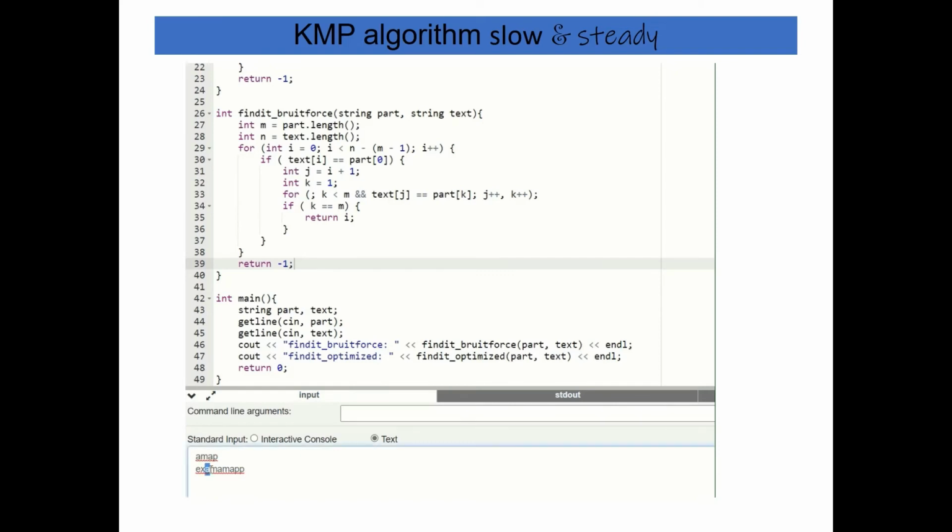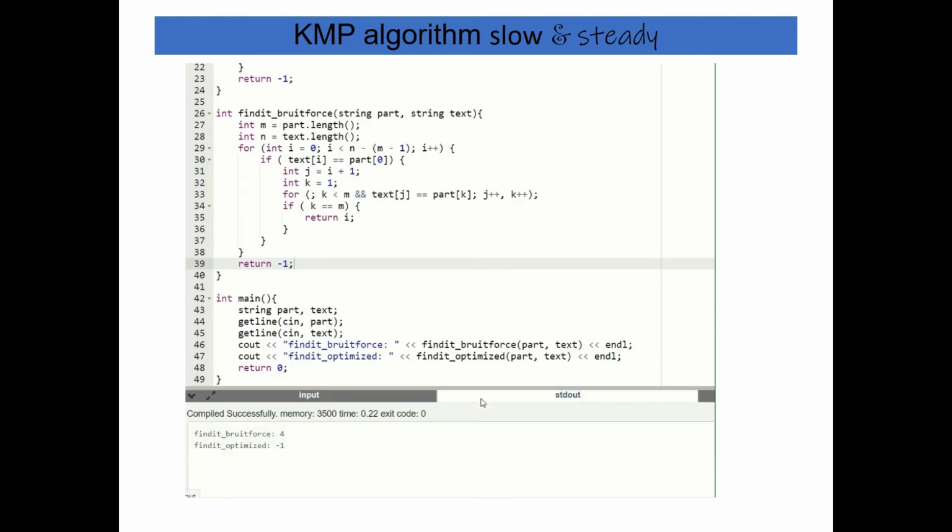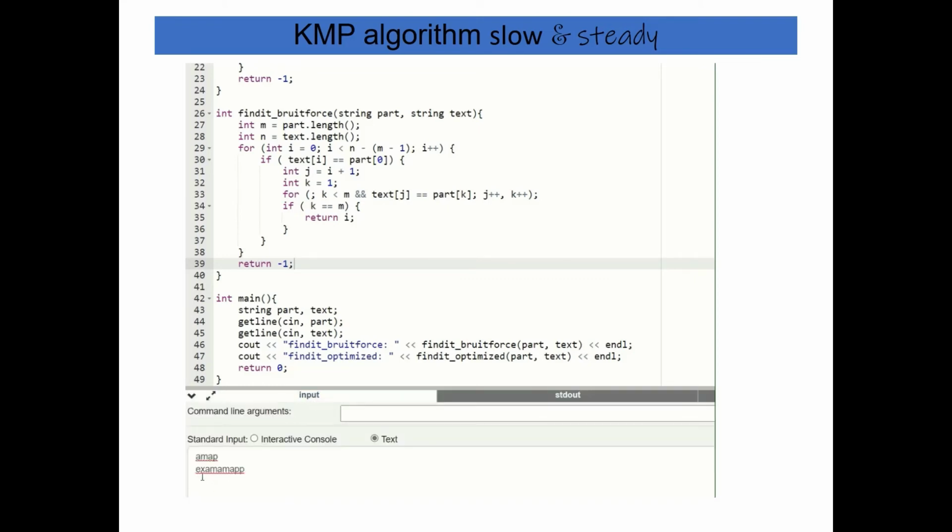We have one partial match here, AMA, but then it fails there at M because we expect a P. Now a robust brute force implementation gives out the correct result. Index 4, if we count 0, 1, 2, 3, 4. This is where at index 4 we have AMAP in exam app.